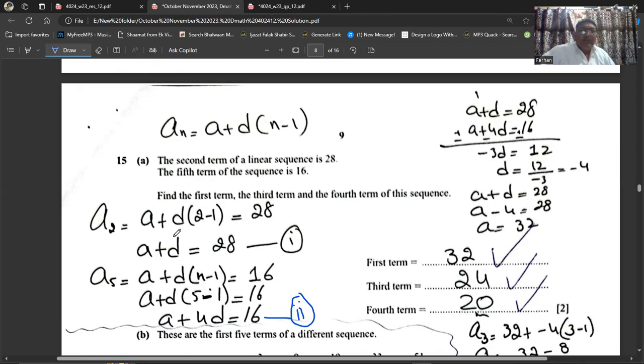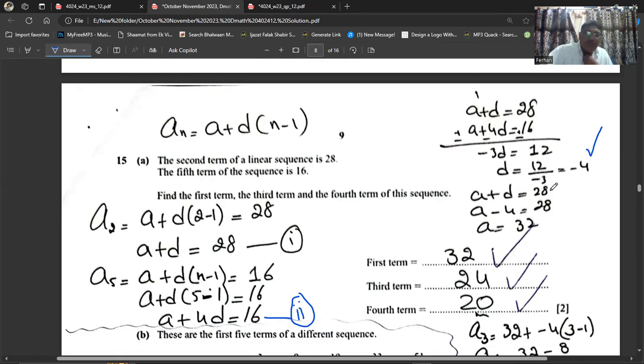I will simply subtract these two equations from each other, and you will get the value of d. When you subtract the second equation from the first, a and a will be gone. So d minus 4d will be minus 3d, and 28 minus 16 will be 12. So d will be 12 divided by minus 3, and that is minus 4. So the value of d is minus 4.